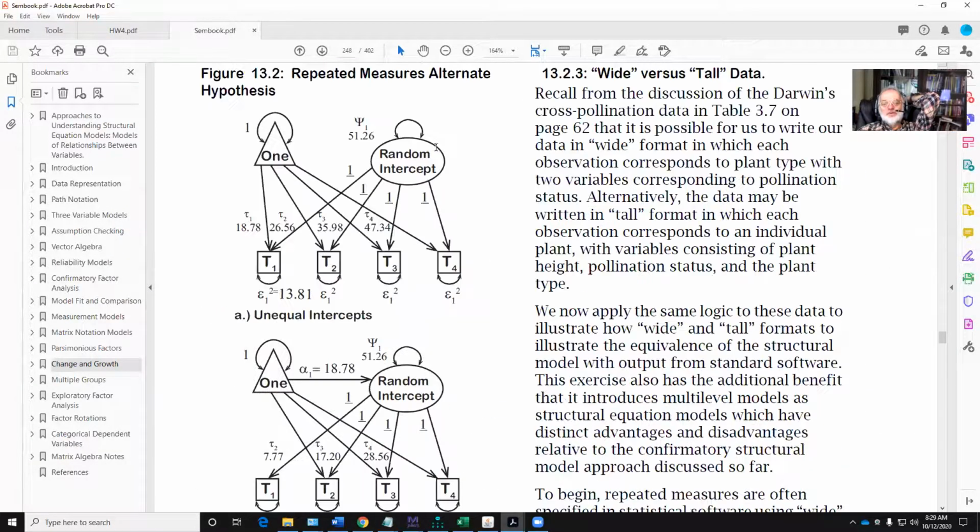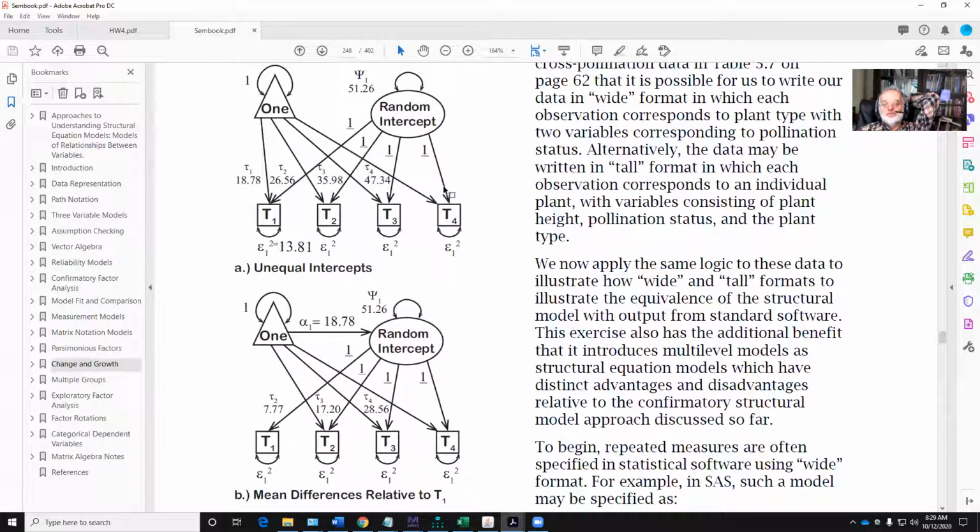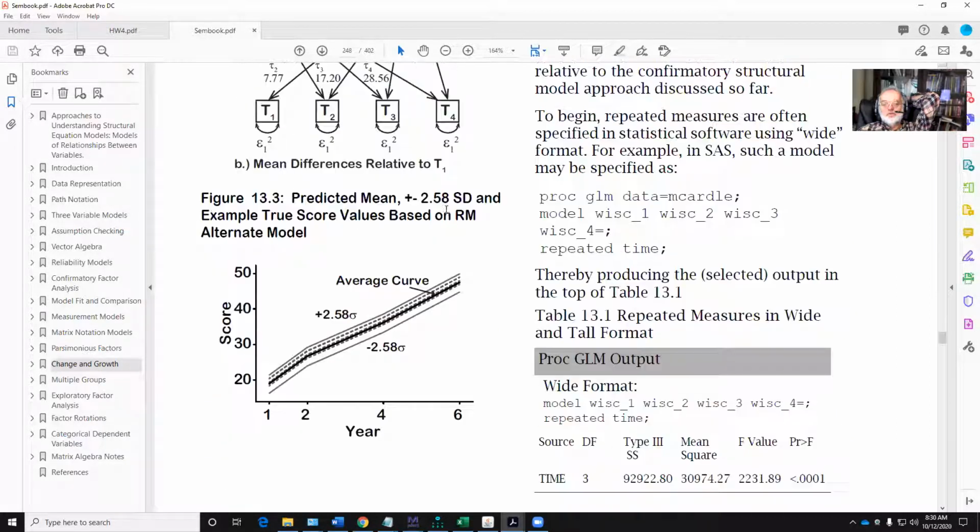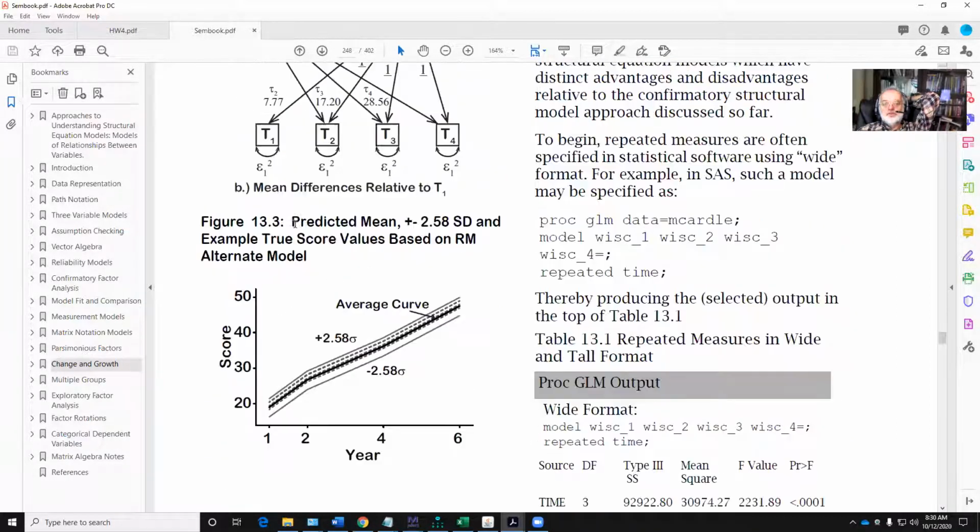So this is all there is, folks, to repeated measures analysis of variance. If we come downstairs here, because the error variances are the same, if I take plus and minus 2.58 standard deviations around this, in the alternate model, this is a scatter plot of what I expect the means and variances to look like over the course of time.